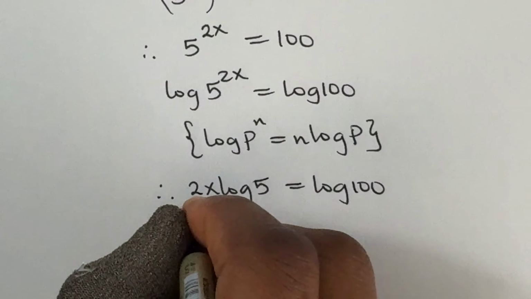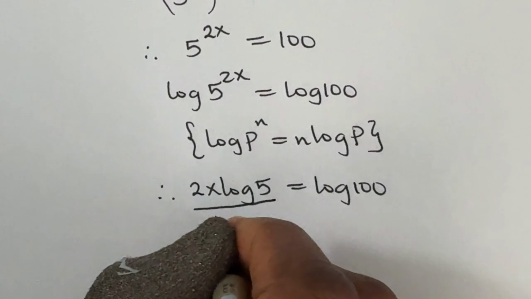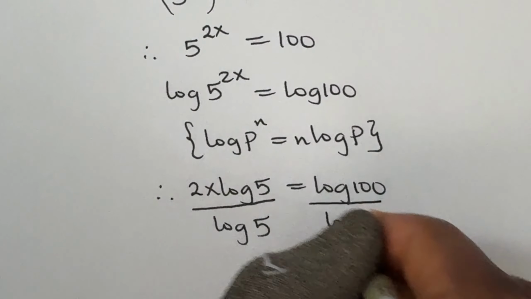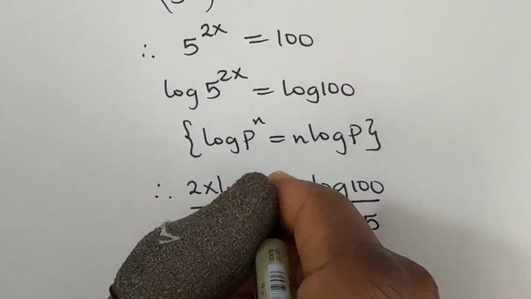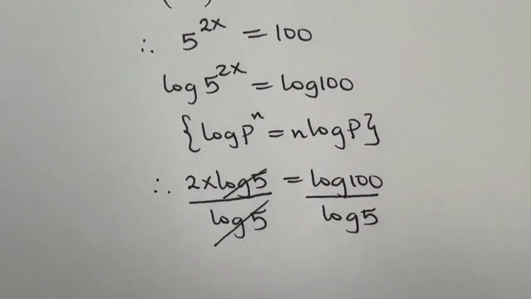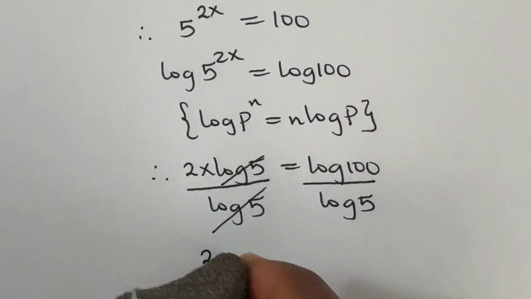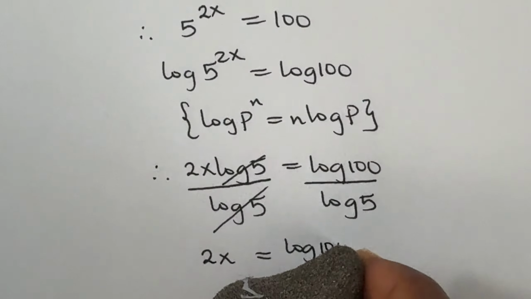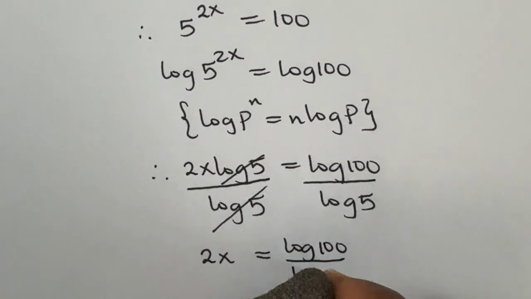I'm going to divide both sides by log 5. So that this cancels this, and we are left with 2x is equal to log 100 divided by log 5.